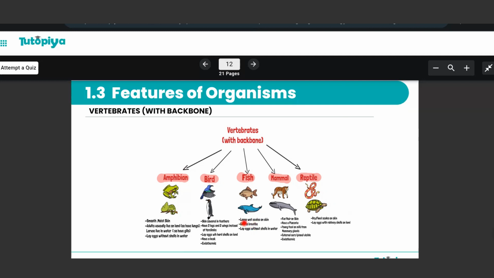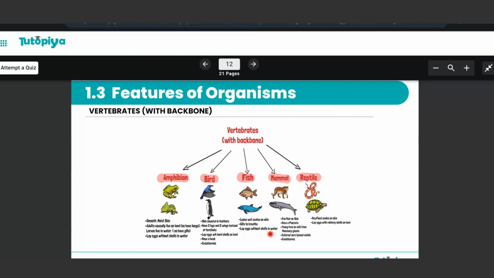They have loose, wet scales on their skin. And how fish breathe is through gills, right? They have gills for their respiration. And with regard to the reproduction of fish, they lay eggs without shells in water. So fish lay their eggs in water, and these eggs do not have shells.